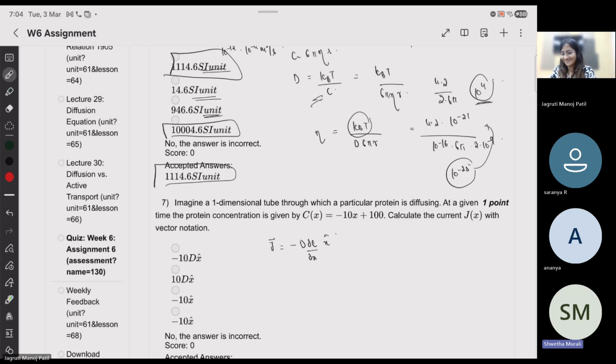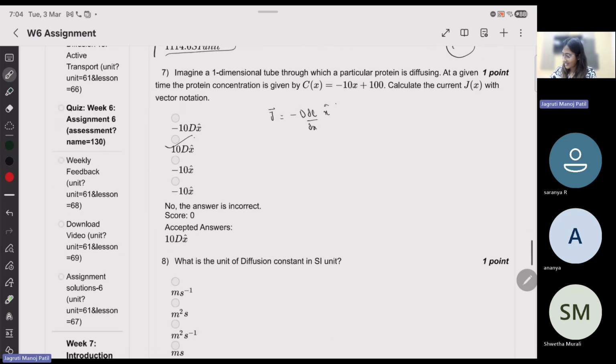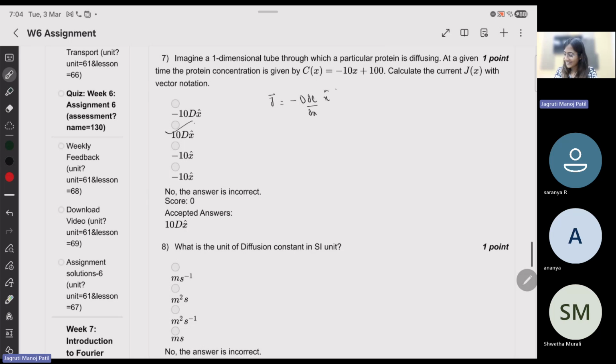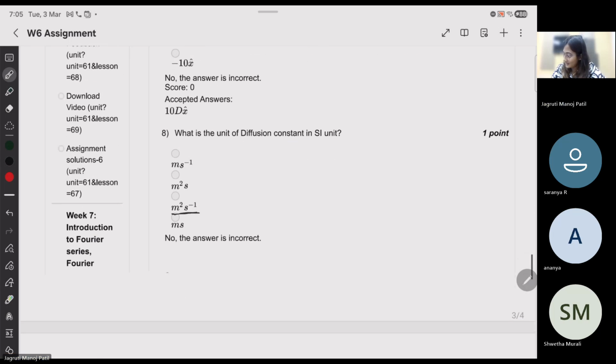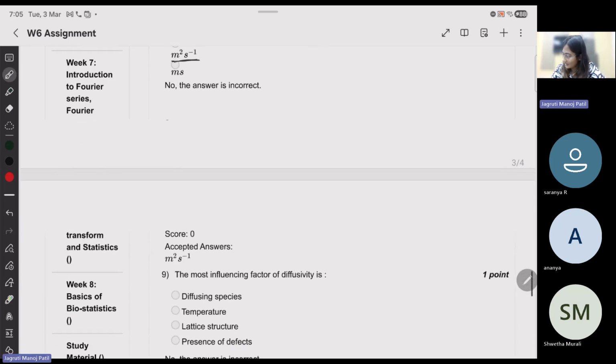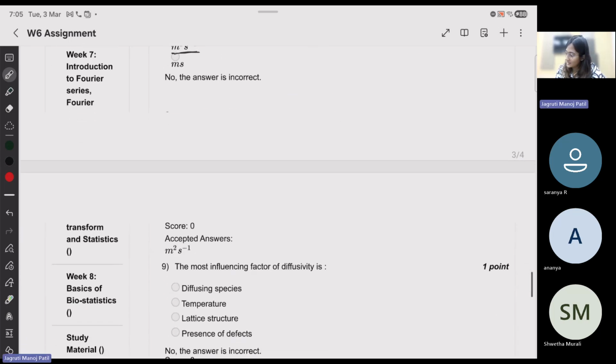That's this one. Okay. I like questions like that. What's the unit of diffusion constant in SI units? Till now you all know. What's the diffusion? Yeah, meter squared per second. Yes, this one. And then the most influencing factor of diffusivity is what?